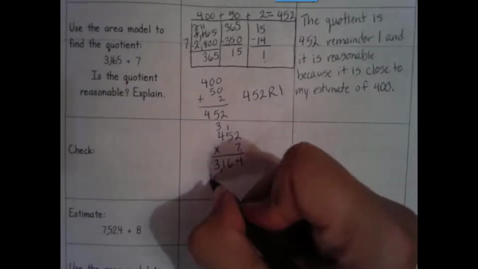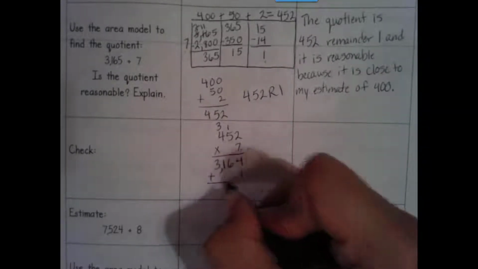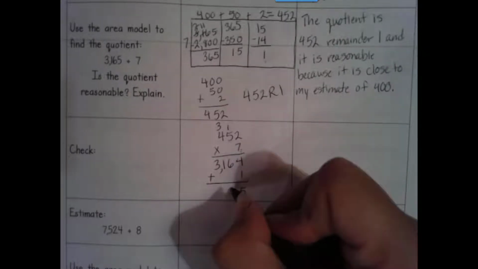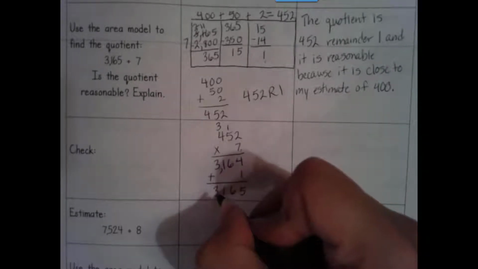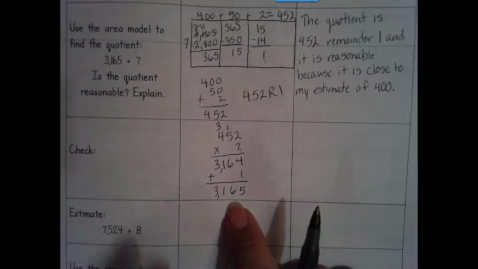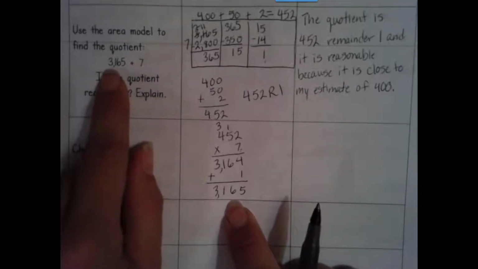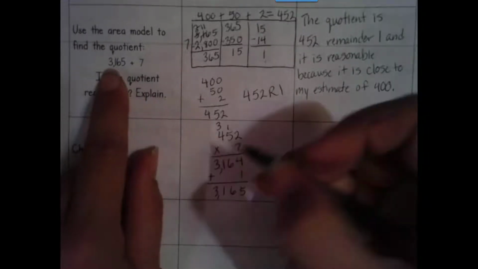And then we need to add our remainder. We got 5, 6, 1, 3. Does that match our dividend? Yes, it does, so it checks.